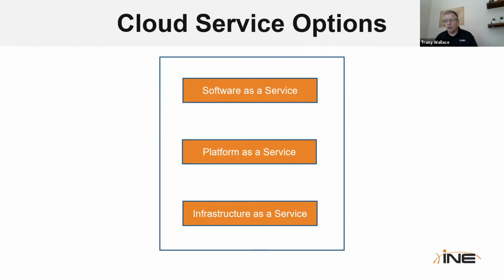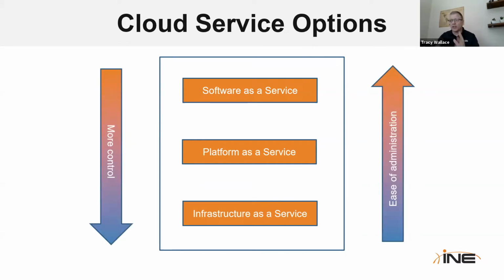Now, as you traverse these three different levels, and these are pretty standard definitions, it can be a little fuzzy in between. In fact, Microsoft, for example, has a lot of what I like to call quasi-platform as a service offerings, where they're kind of platform as a service, but they're kind of infrastructure as a service as well. But generally speaking, as you go down to the bottom, you get more control.